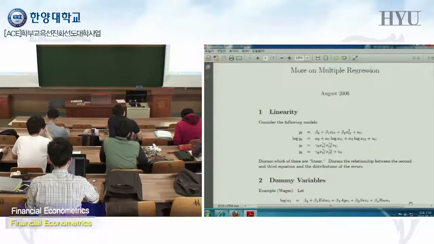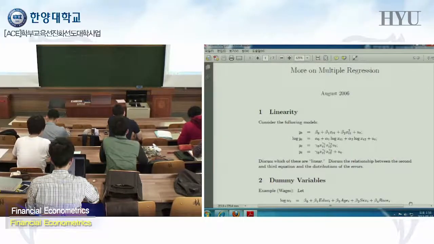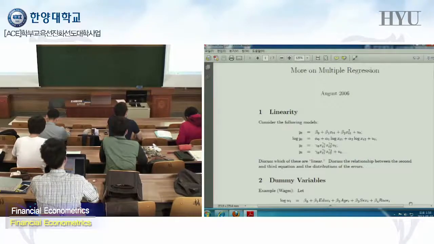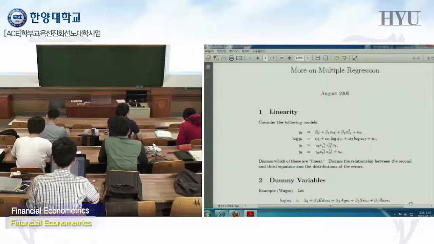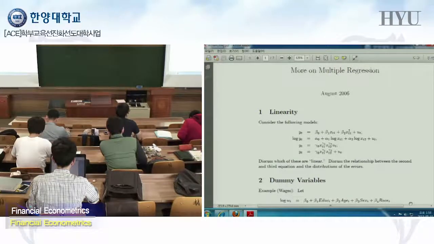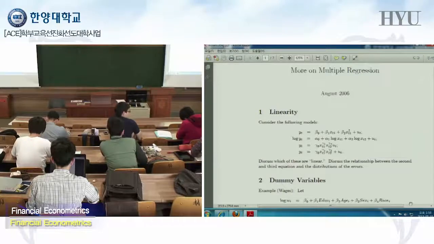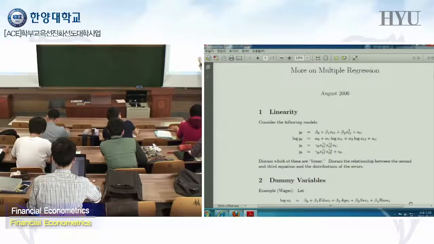About the fourth one: if we add the error term like this, not like the first one, then we have more freedom in assuming the error term u_t. But for this fourth equation, there is no way of transforming it into a linear one. So this one is truly a non-linear model, and it is more difficult to estimate.